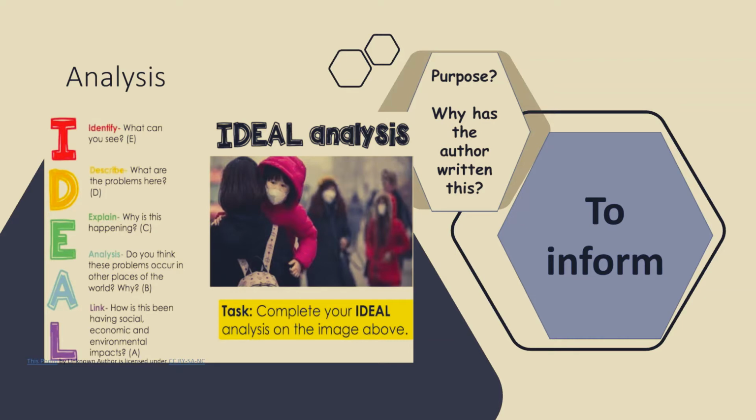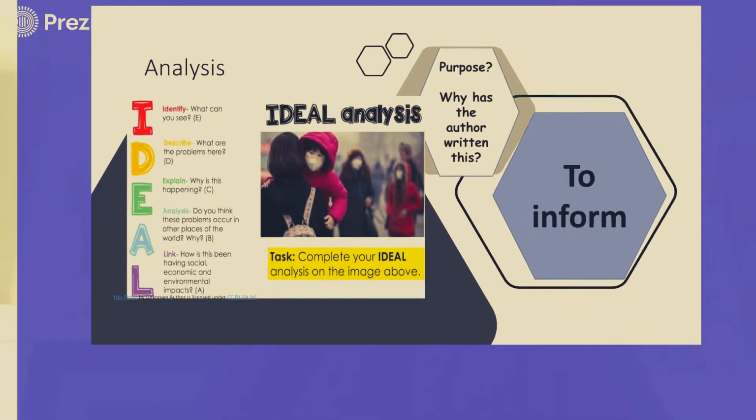So you're just adding different sections to help somebody understand something if you're analysing. But that's still purpose, inform. So the purpose changes according to why the writer wrote the piece.